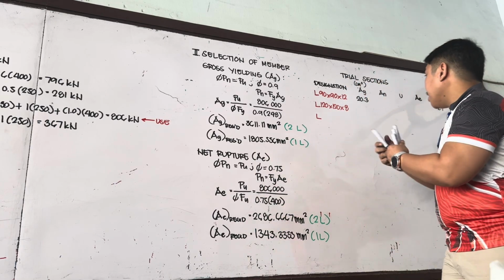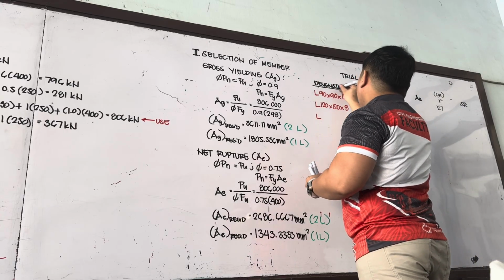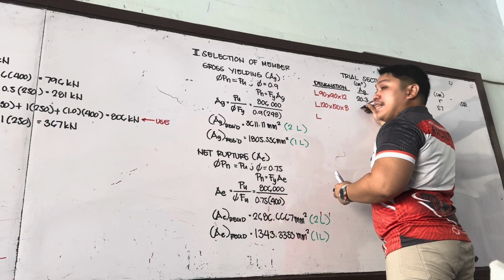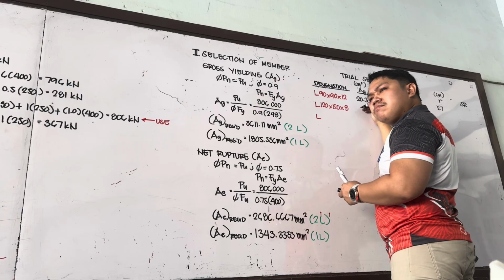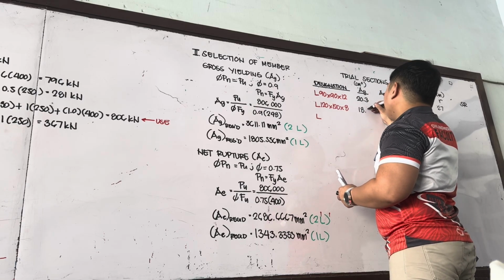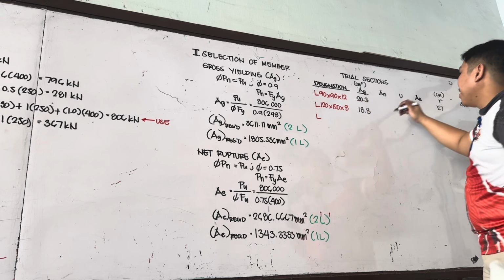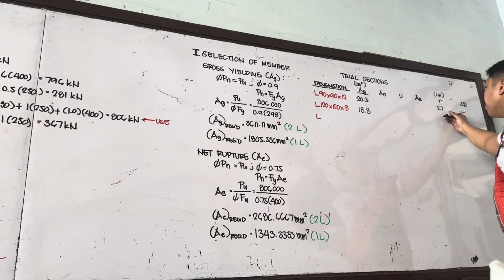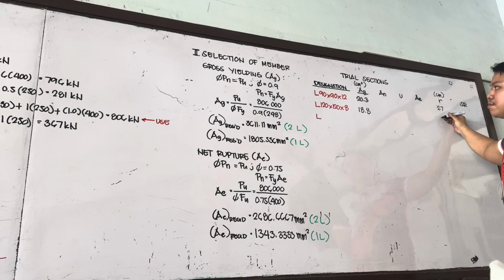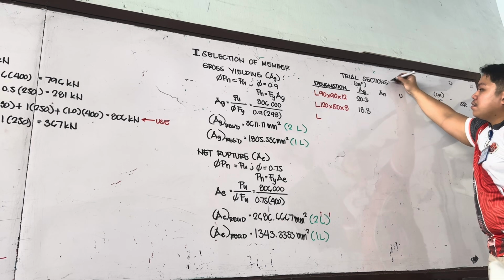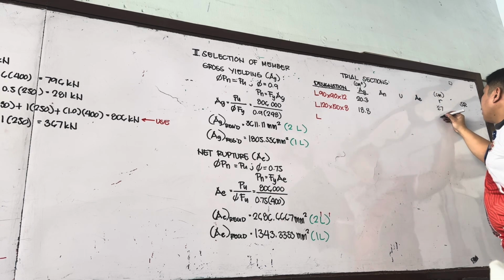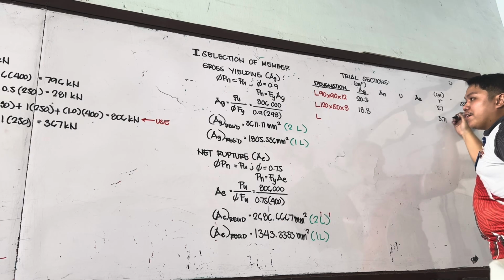Ilang gross areas yun? 18.8. Okay, mas double eh. Pilang iyang radius of gyration? 3.71.